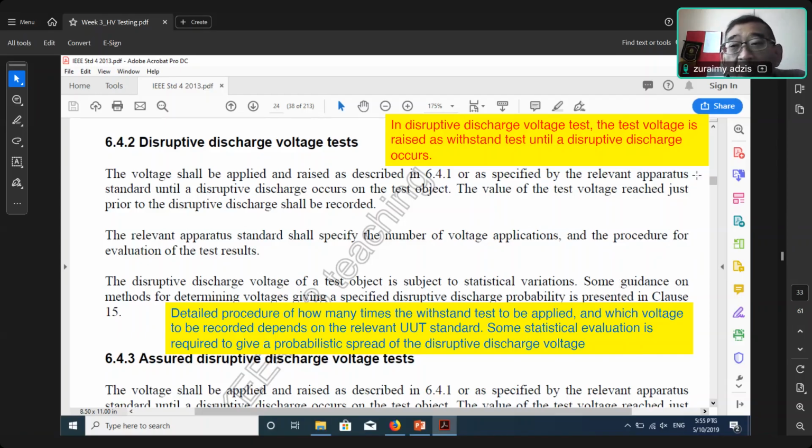Then the third one, if you look below, is the assured disruptive discharge voltage test. Make sure you understand the sentence here. 6.4.3 says that at this voltage, for sure, it will break down. That is what is meant by assured disruptive discharge voltage test.